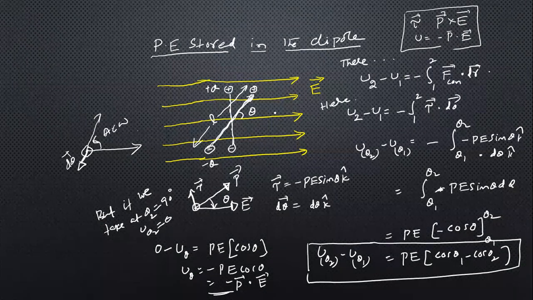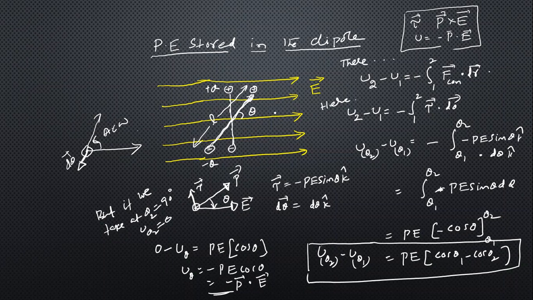You are saying it is trying to reduce the torque, means who? Torque is reducing. The torque is the one which is trying to turn the dipole, and as the dipole is turning, torque is reduced. No one is reducing torque.